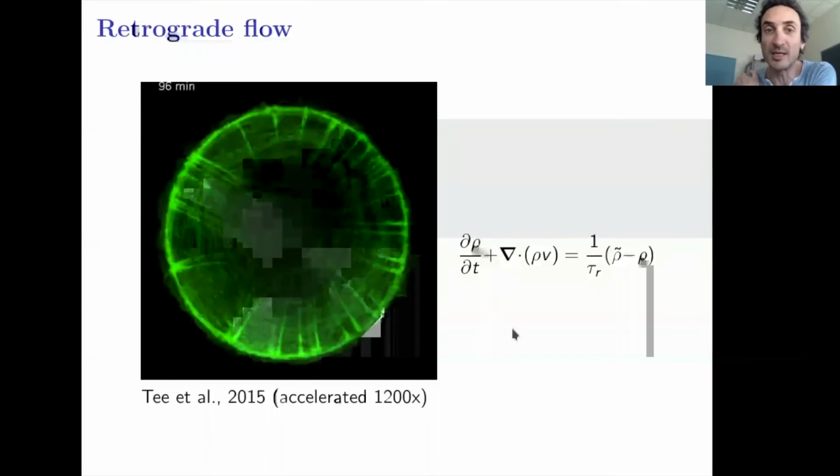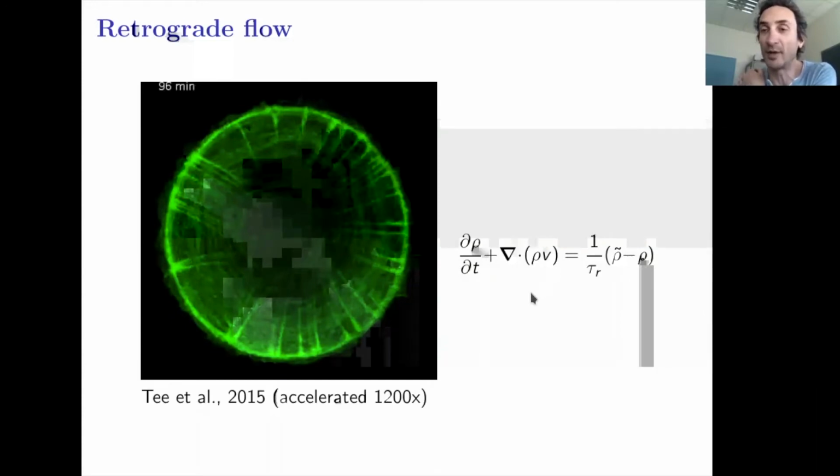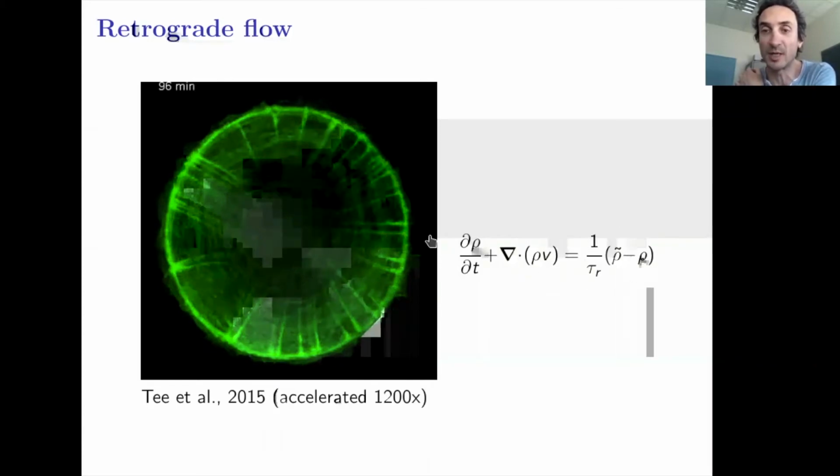So I'll just take it effectively. I consider that the density is maintained constant, but not by the fact that you have a divergence-free velocity, rather by the fact that you have a reaction term that completely dominates the mass balance here.